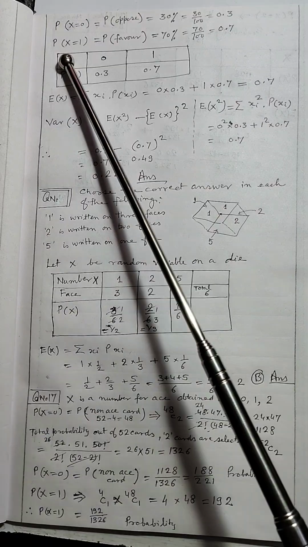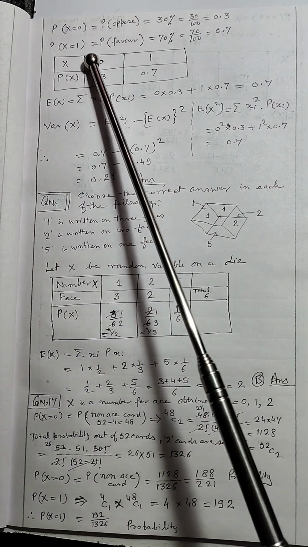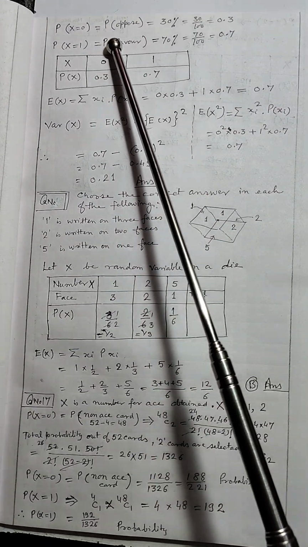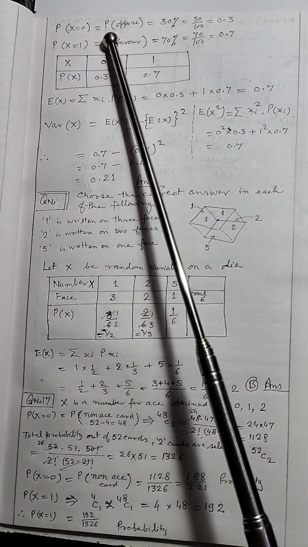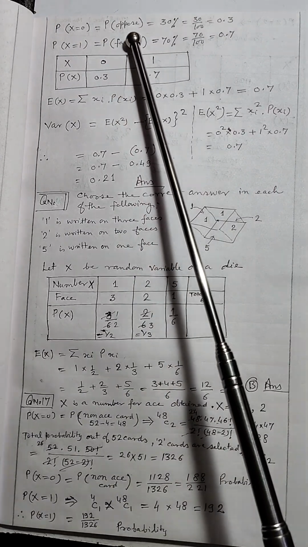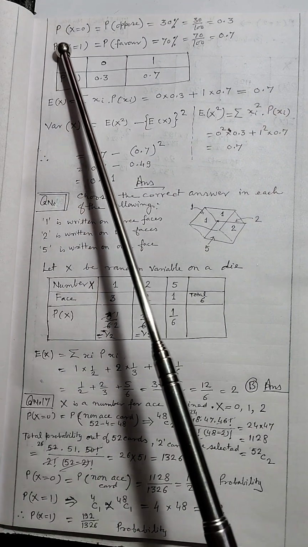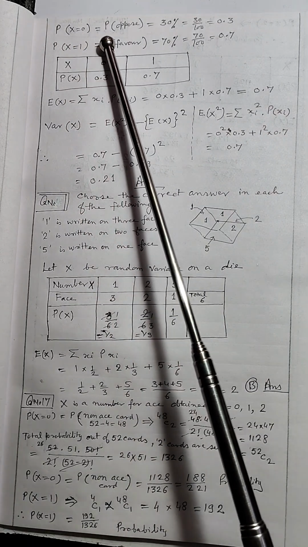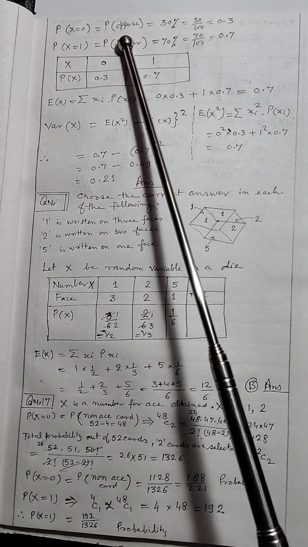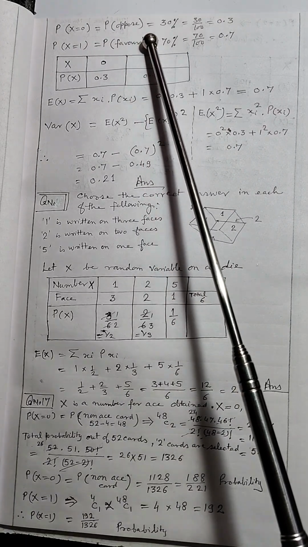Here you see P(X equal to 0), that is the opposed. The probability of X equal to 0 means the probability of opposed will be equal to 30%.